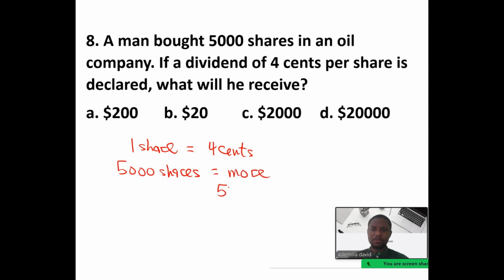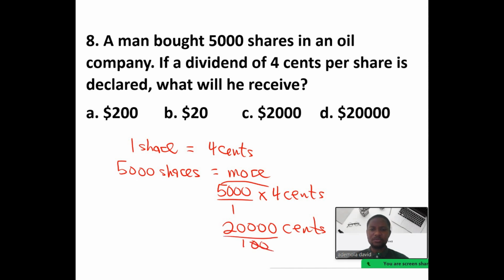The more is 5,000 out of 1, then you multiply by 4 cents. 5 times 4 is 20. Don't forget to add the 3 zeros. And this is cents. To change cents to dollars, you just divide by 100. So 2 zeros cancel out, and then you have $200 left. And that is option A.